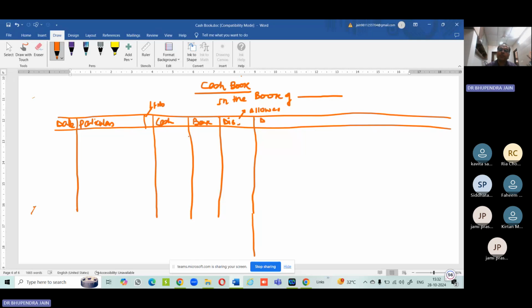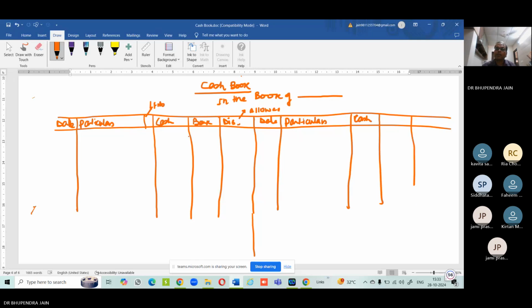Again on the credit side, the same columns: date, particulars, same ledger folio number, cash, bank, and this is discount received.